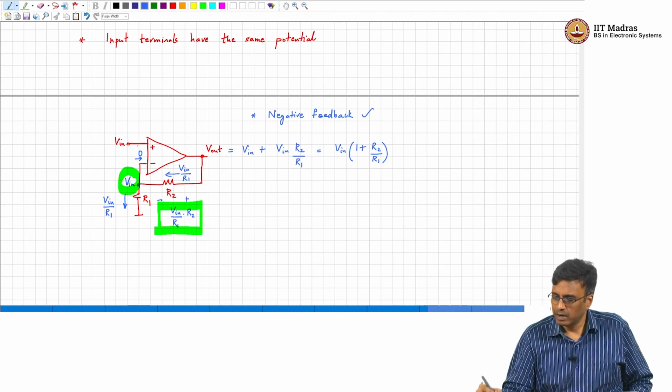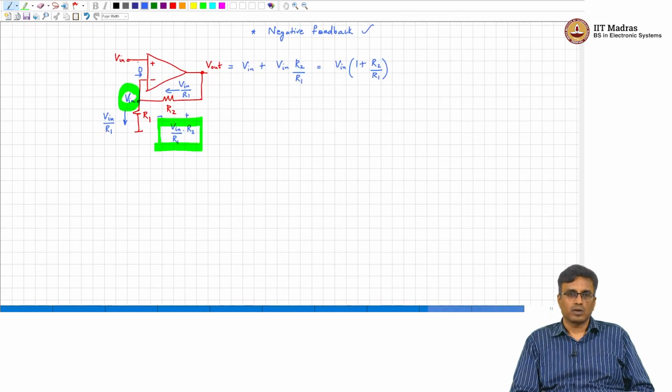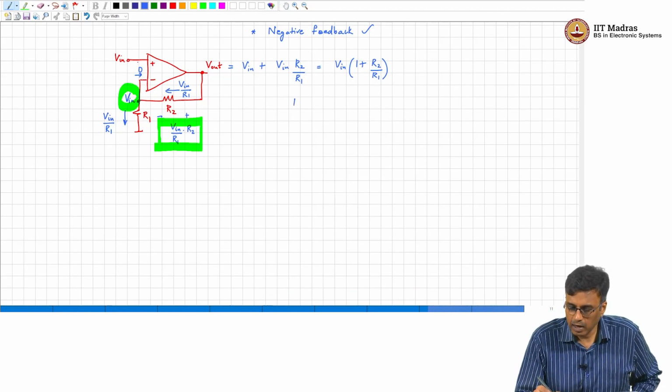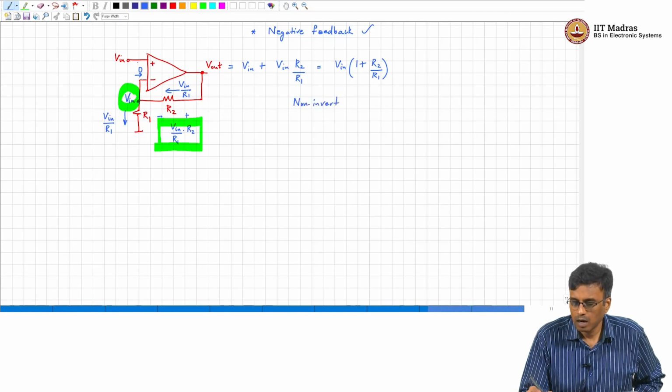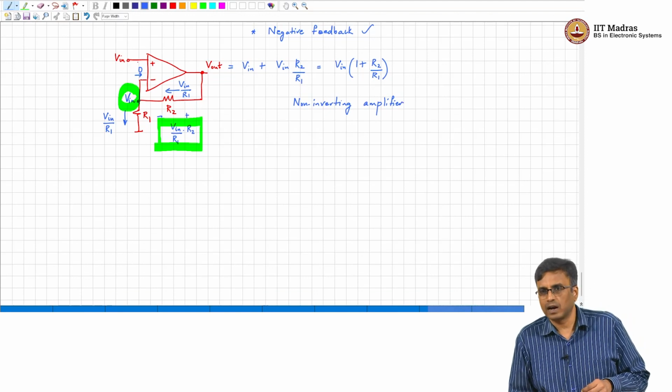All right. And so, as I said, the op amp can be made to do a whole bunch of versatile things. So, this is what is called the non-inverting amplifier, and by appropriate choice of R 1 and R 2, you will be able to realize whatever gain you want.